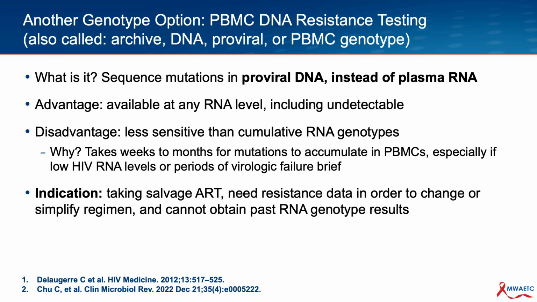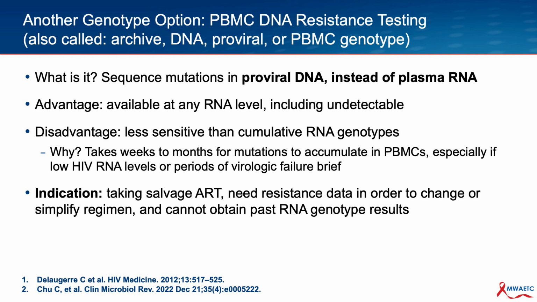So let's talk for a moment about this other genotype option, which has come up a lot in echo discussions. So this is a test with a lot of names. So the archive or DNA or proviral or PBMC genotype. What is this and why is it of interest?